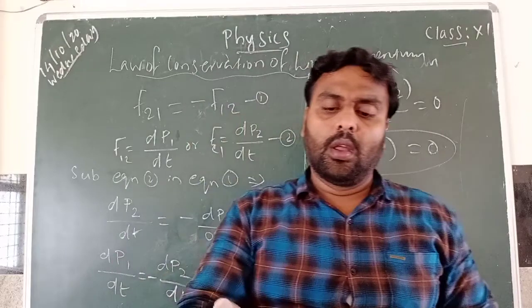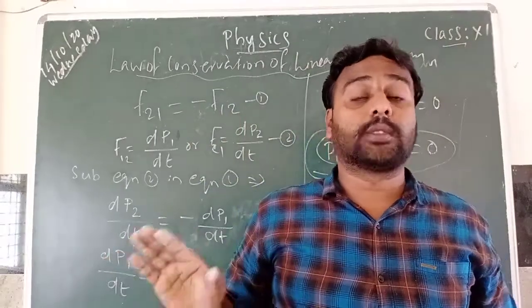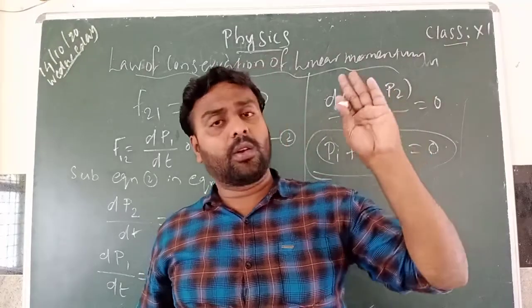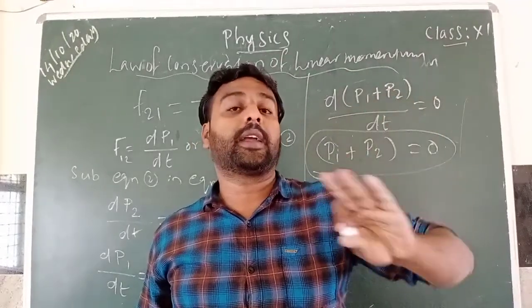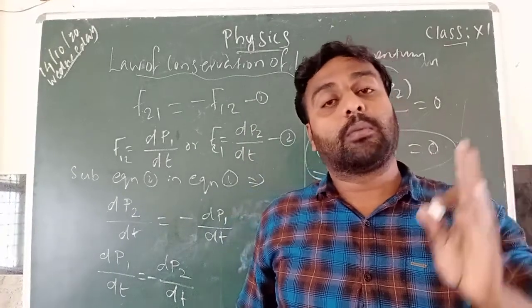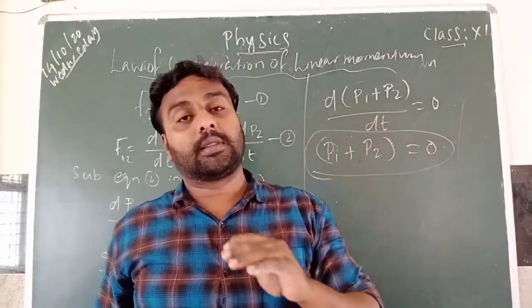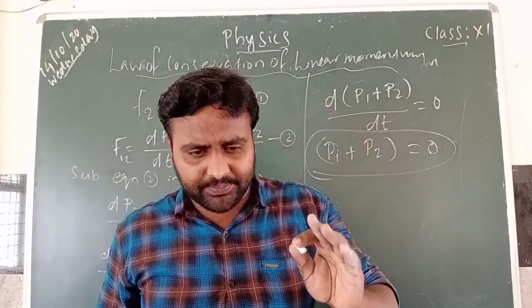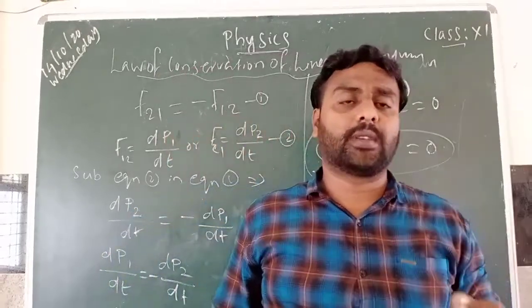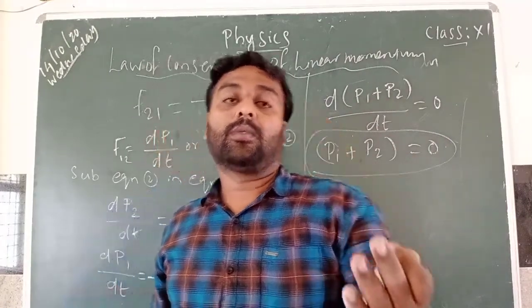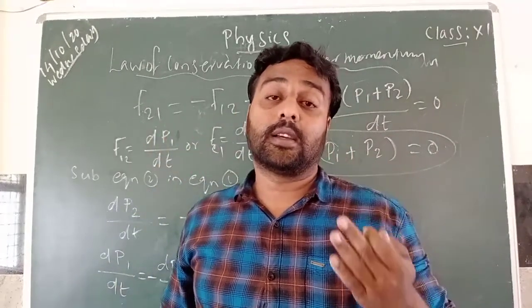It says, in italics, that if there are no external forces acting on the system, then the total linear momentum of the system is a constant vector, or in other words, the total linear momentum of the system is conserved.